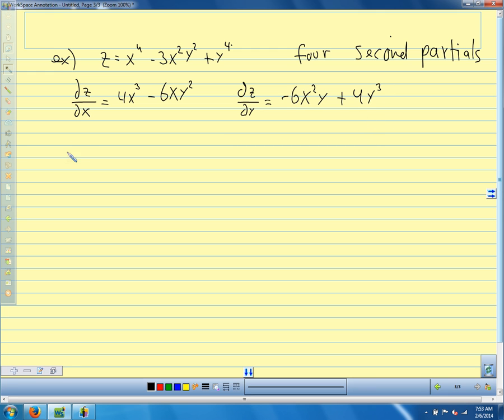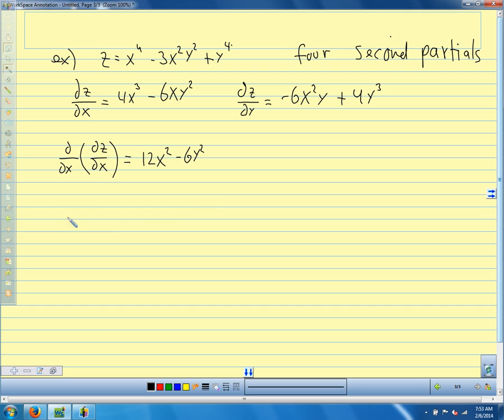Now we're going to find d dx of dz dx. We're going to take the derivative of this with respect to x. So what do we get when we take the derivative of this with respect to x? 12x squared minus 6y squared.